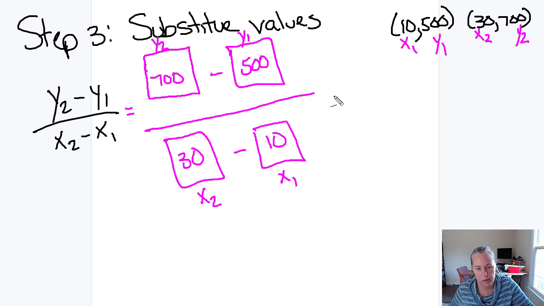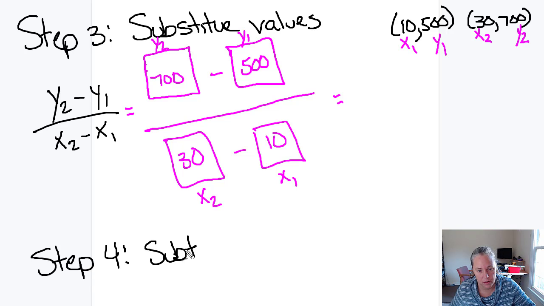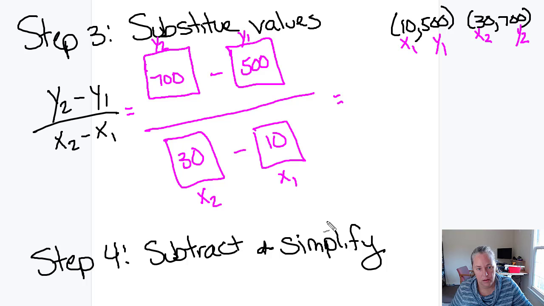So this becomes step 4: subtract and simplify. Okay, so 700 minus 500 is 200. Whoops, I should do that in pink.